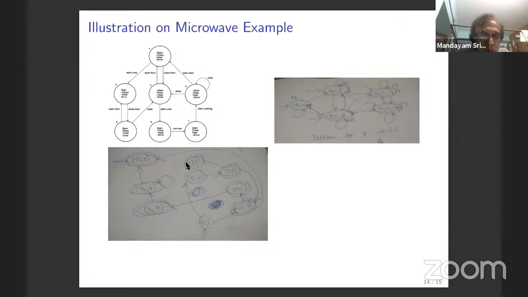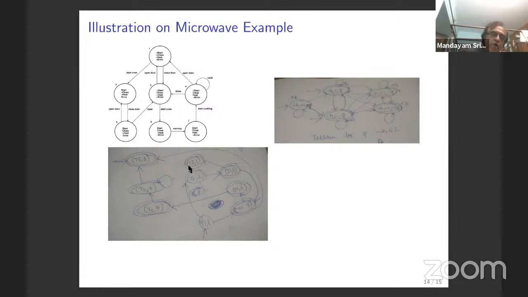Therefore, you see there is no outgoing edge at all from the product state that has T5, because that's the only one that contains not phi.